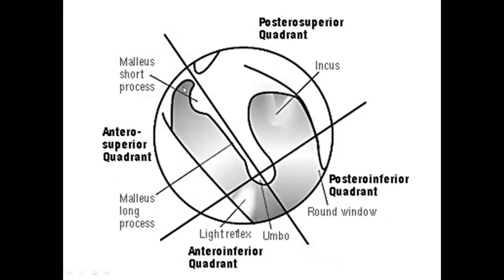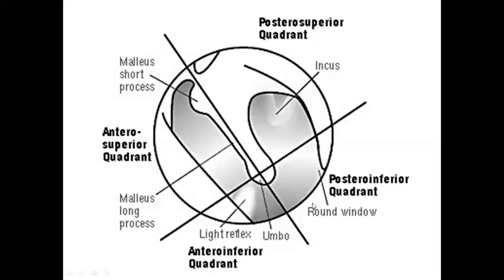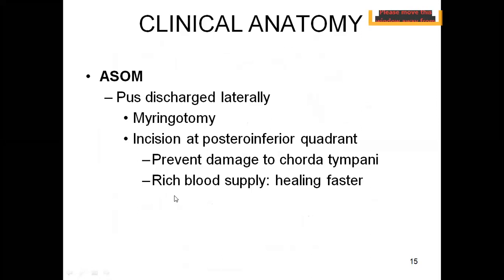So these are the four quadrants. When you look inside the ear with otoscopy, the tympanic membrane will be viewed like this in four quadrants: antero-superior, postero-superior, antero-inferior, postero-inferior quadrants.